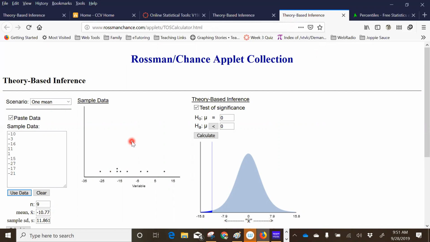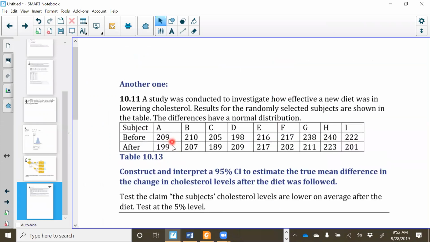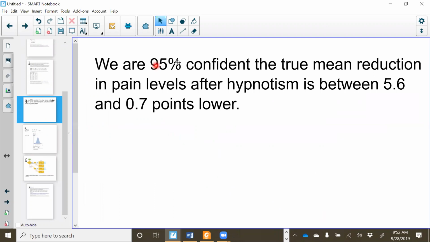So why don't you stop the video and then try to run the confidence interval, and then write a conclusion. Maybe I should point out what the conclusion is. When you write these conclusions, remember what I did for the last one: we are 95% confident.